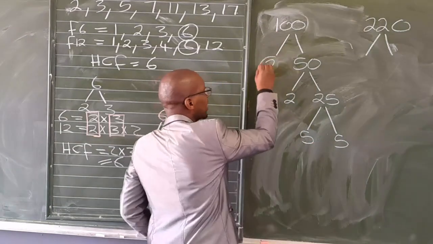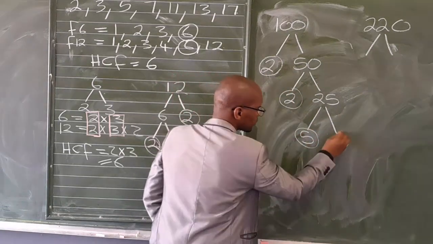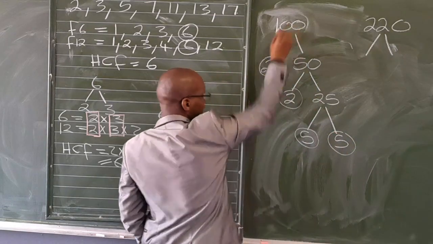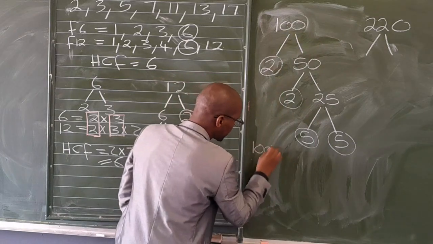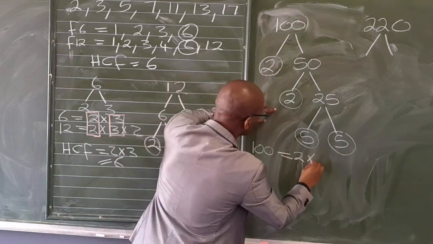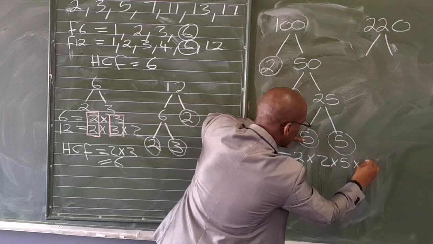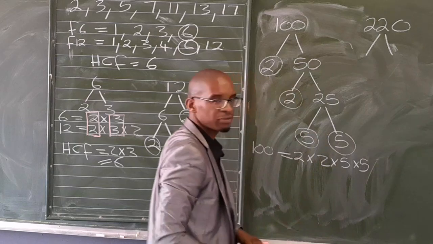So I can go and circle all my prime numbers. And if I write the number 100 as a product of its prime numbers, that would be 2 multiplied by 2 multiplied by 5 multiplied by 5.